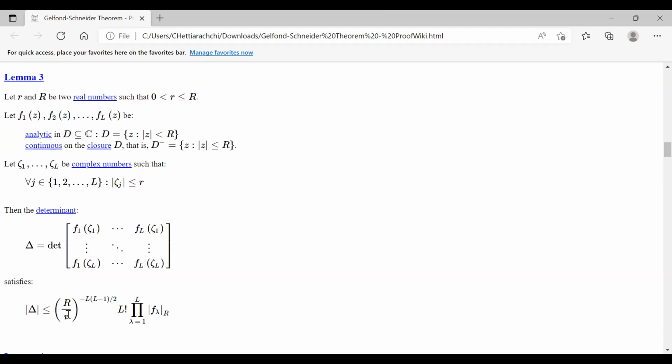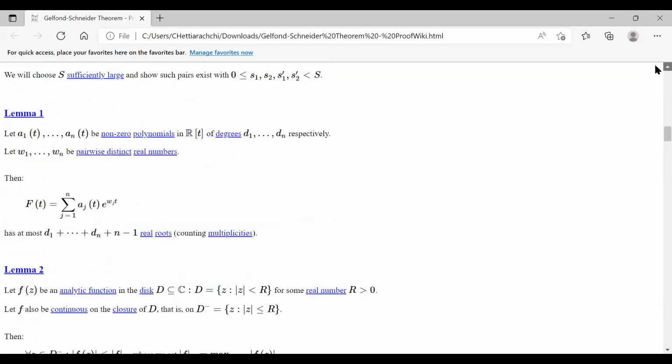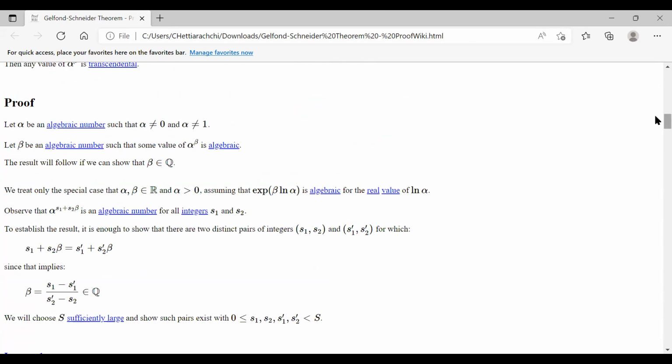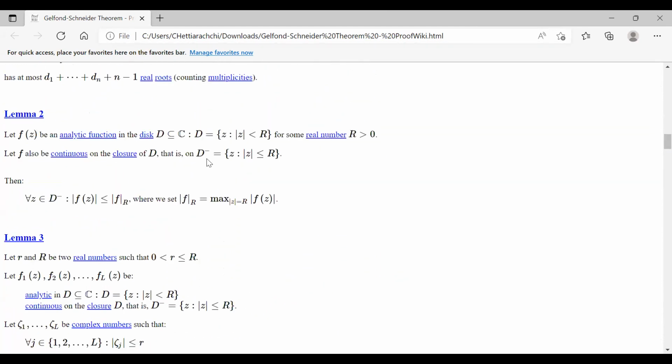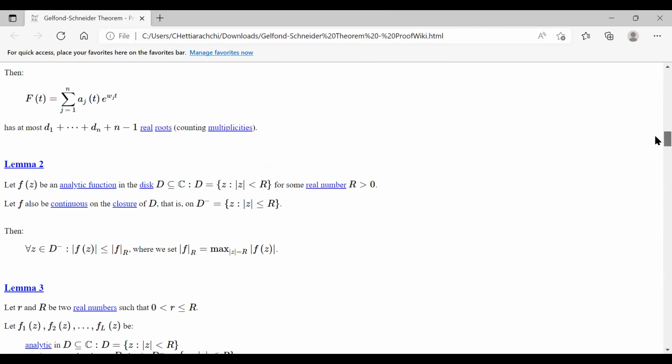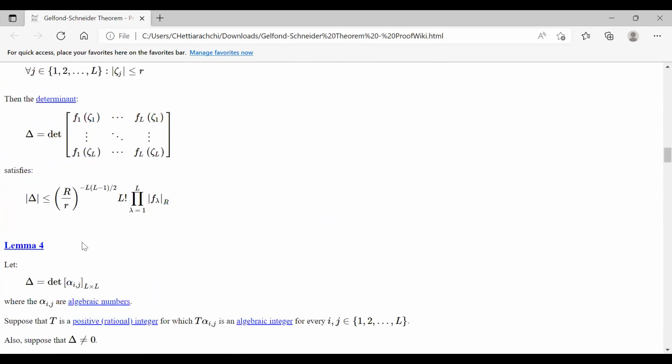Then this matrix satisfies this inequality, which is the absolute value of the determinant is less than or equal to capital R or small r to the power minus L times (L minus 1) over 2, L factorial times the product of f lambda at R, lambda going from 1 to L. So this is obtained by applying lemma 2. Applying this lemma, we need to calculate the determinant, and we repeatedly apply the lemma to the determinant, then we can get this inequality.